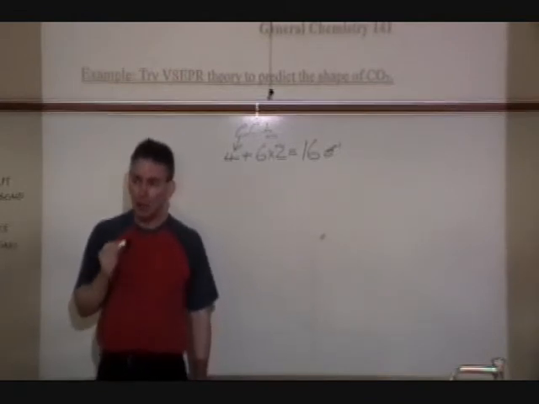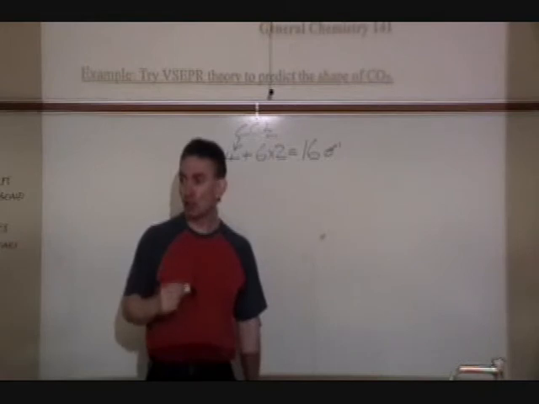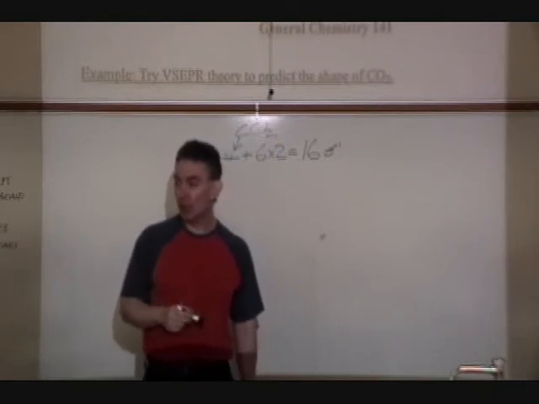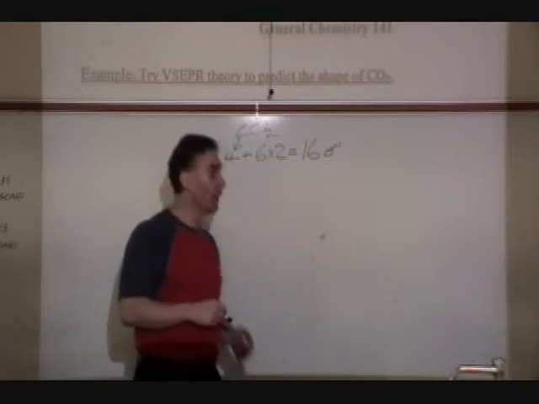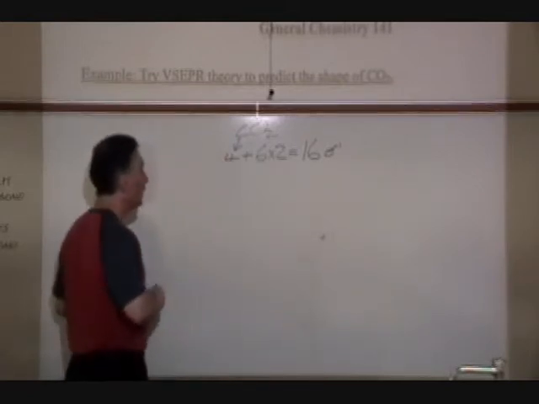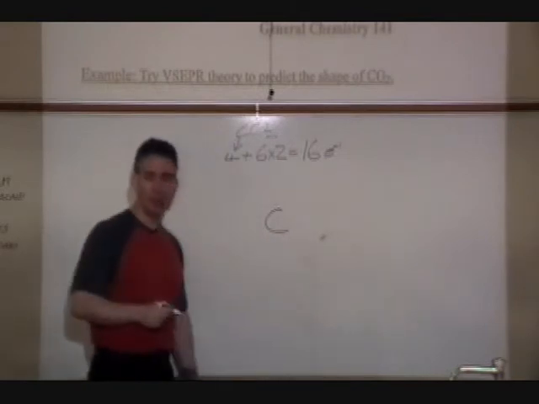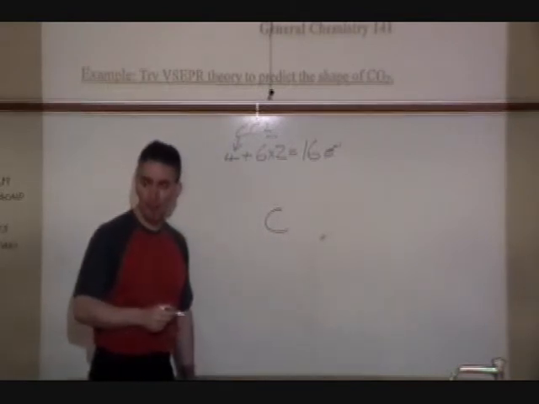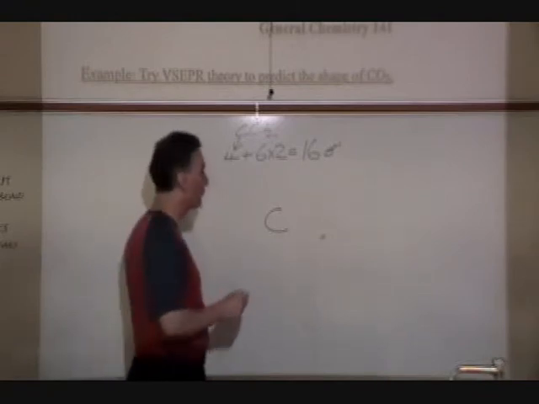Remember, you must have an even number for your electron count, because the shells and the subshells are filled by even numbers of electrons. So if you had an odd number, it would be something odd about that. We'll choose carbon for the central atom, because it needs the most electrons to complete its shell.